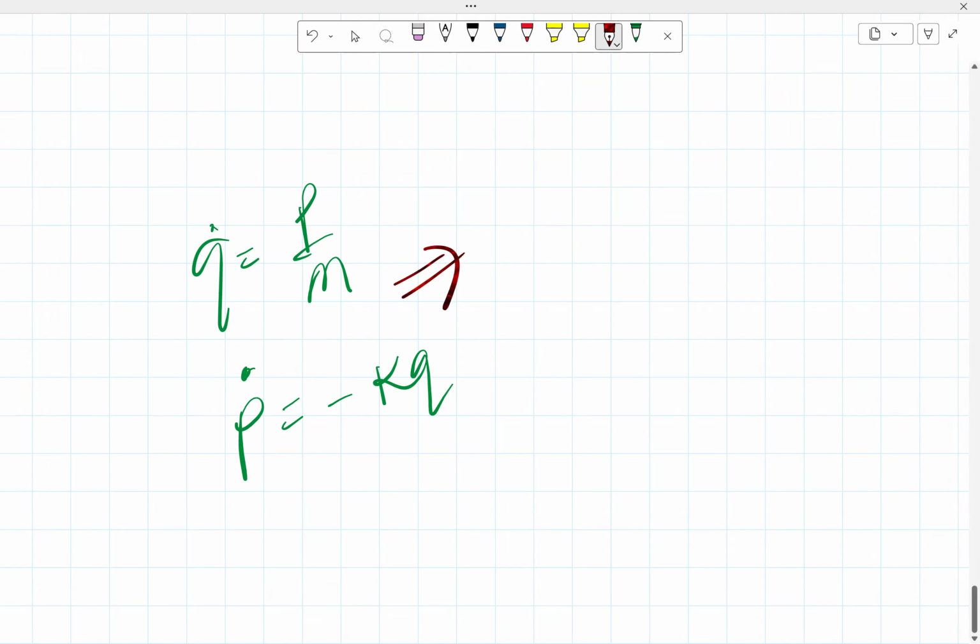We already see how we got q dot and p dot: q dot is p over m, and p dot is minus k q. So q double dot is equal to p dot over m.